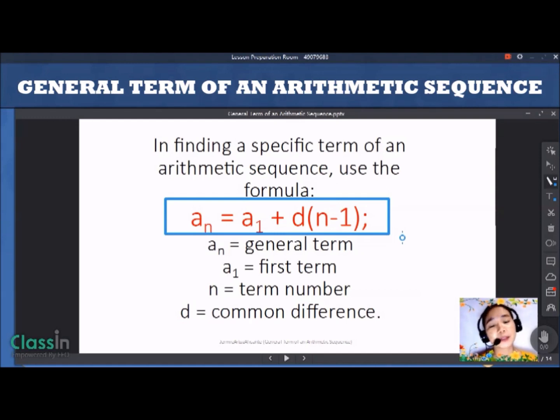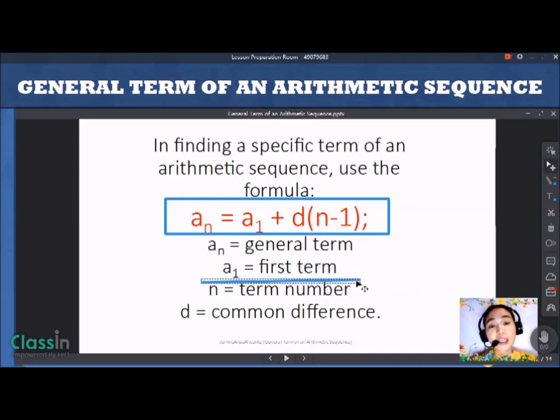Say for example, if you want to find the 20th term, you can say that n is 20, so that is a sub 20. And the formula is a sub n is equal to a sub 1 plus d times n minus 1, where a sub n is the general term or the term that we are looking for.